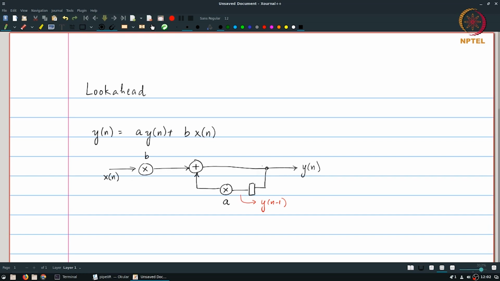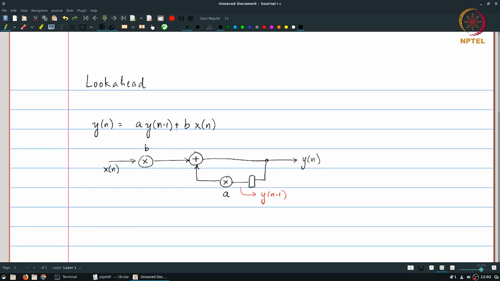So this structure exactly implements the equation. Beg your pardon, the equation should be y of n equals a times y of n minus 1 plus b x of n. So this is a fairly straightforward implementation.